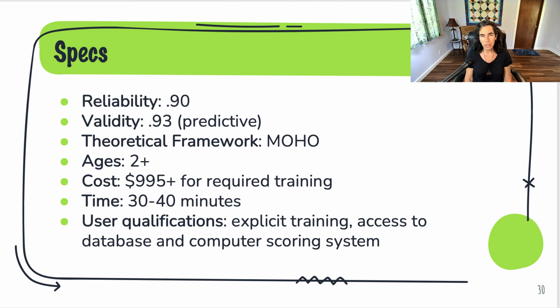So very particular kind of information that will inform further treatment and care. The time to administer is about 30 to 40 minutes, and the users must again have explicit training, access to the database, and the computer scoring system. Let's see. Yeah, that's what I have to say about that one.